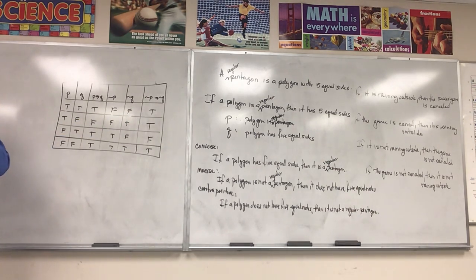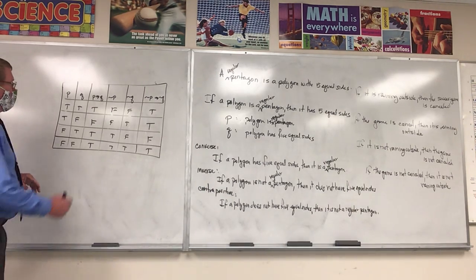When will my conditional be false? When the hypothesis is true, but the conclusion is false. A true, false would make it false. Anything else is going to be true. Okay? Now we're working up to truth tables that get pretty in-depth.